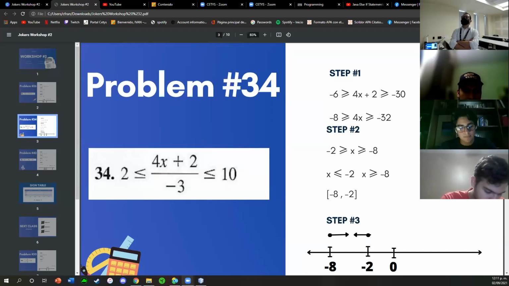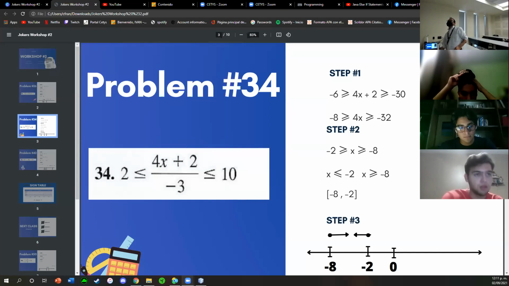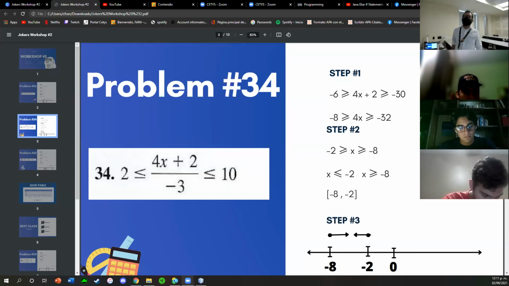Okay, in this problem, we put 4x plus 2 in the middle. The minus 3 that was dividing, we multiply the negative 3 by 2 and by 10 on both sides. Then we just move the number 2. So it was minus 6 minus 2 equal to minus 8.